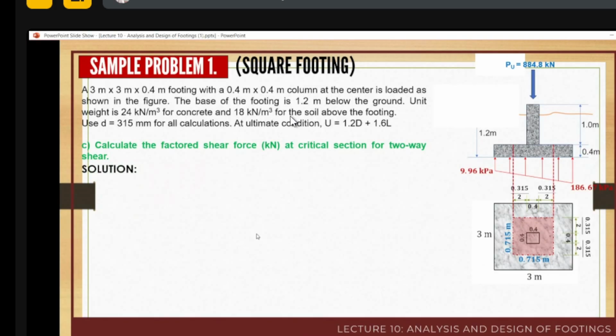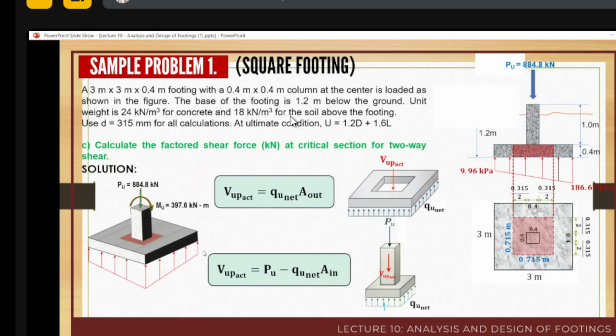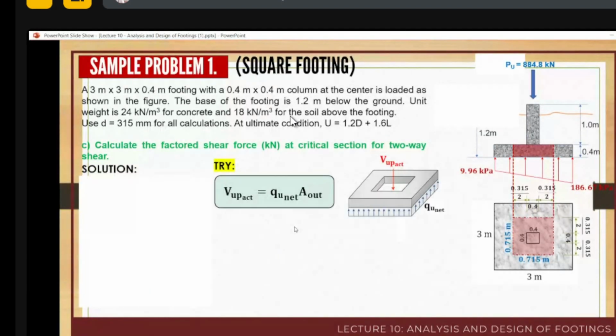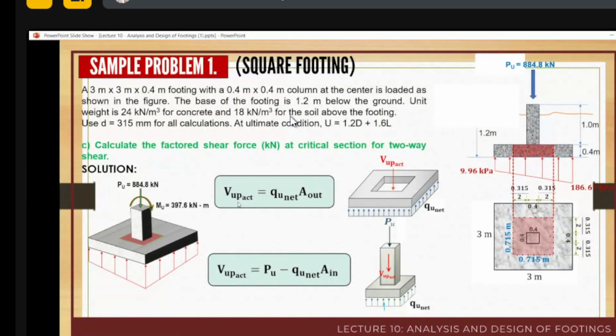So, third nga requirement is calculate the factored shear force at critical section for two-way shear. Again, kung two-way, pwede duha atong gabiton no kani: the ultimate shear for punching is equals to Q unit times the area outside, or pwede na ito, ultimate shear strength for punching is equals to PU minus Q unit times the inner area.